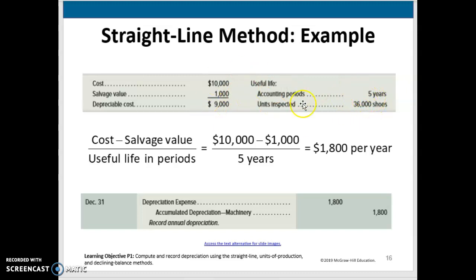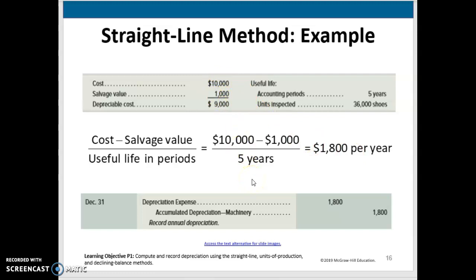So that's the relevant information for the straight line method. Cost minus salvage gives us $9,000. That amount is called the depreciable cost, which we see here. We divide that by 5 years, and we're going to be depreciating $1,800 each year. At the end of 5 years, we will have a salvage value left of $1,000.